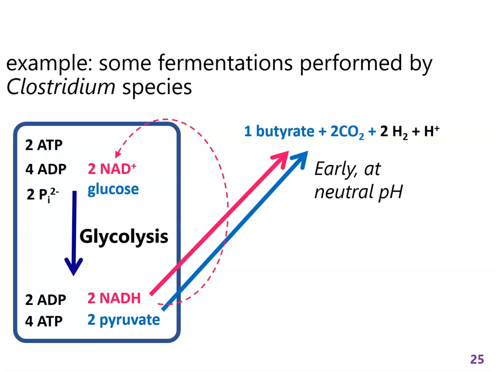So one thing they do is butyrate fermentation. They make butyric acid and carbon dioxide. And they'd use both of the pyruvates to do this. And so all the carbon would end up in the butyric acid and the carbon dioxide.